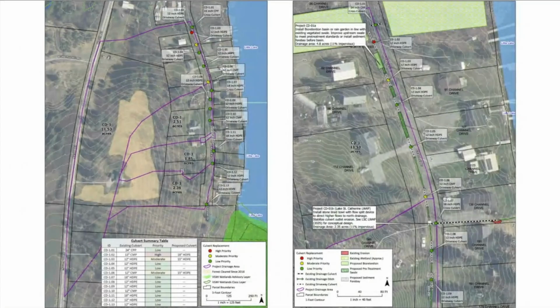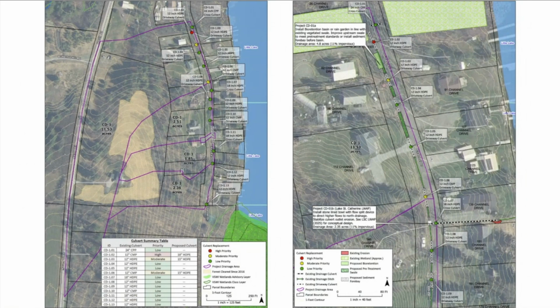And here's actually a better overview map where we were looking at the watersheds all the way to the top of the hill where there'd been some clearing done in, I think we determined it was around 2016 based on the maps. And you probably can't see them, but there are different colors on each of these culverts.